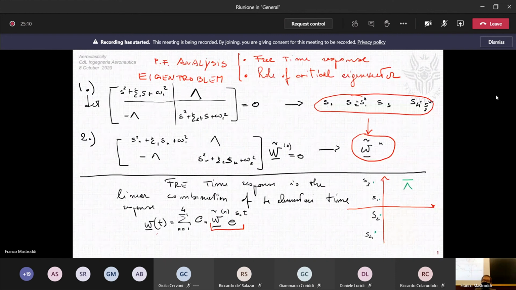So you expect complex eigenvalues or complex exponential characteristics exponential, excuse me, and so you expect complex eigenvector W in general, but you expect couple of conjugated poles, and correspondingly you have to expect complex conjugated eigenvector, okay, as well.